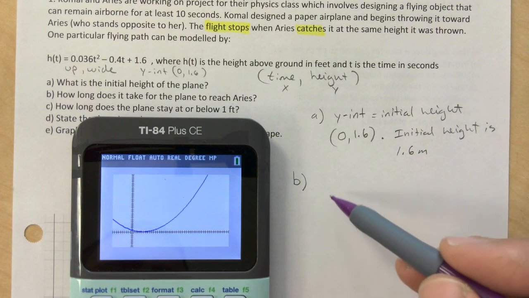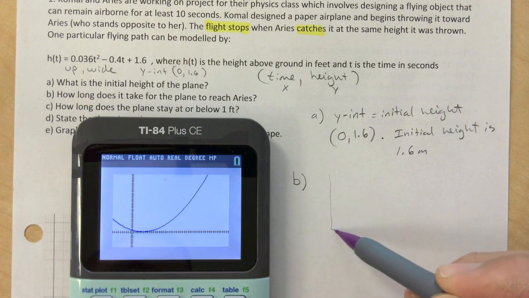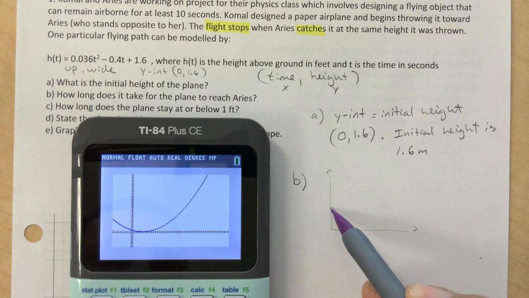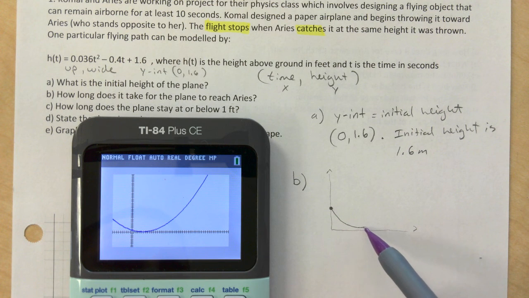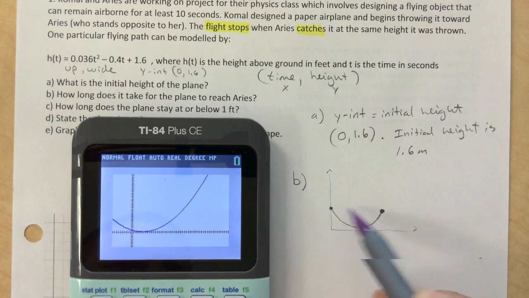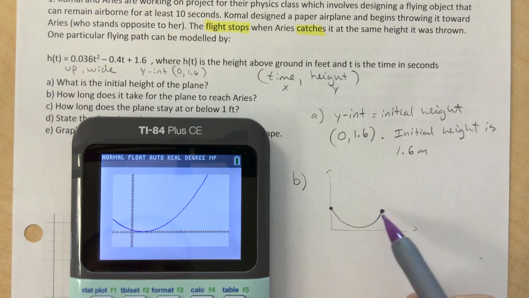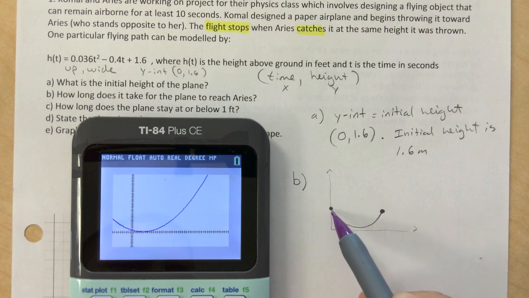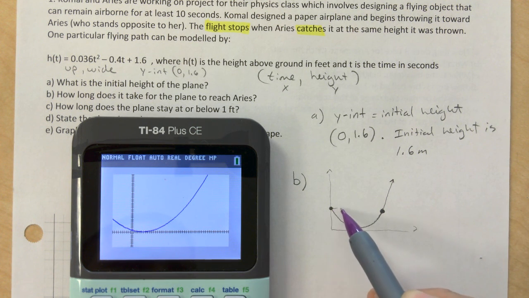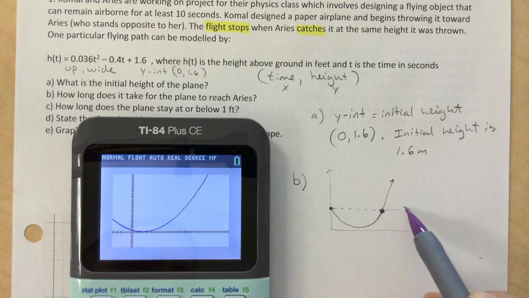So essentially, I will just make a sketch here. I will not make a graph without an appropriate scale. But essentially, Aries is here, throws the airplane, and it will be caught on the other end, right at this same point. So we need to figure out how much time has gone by from where it was launched to where it gets caught. Yes, the parabola keeps going, but this is really what we're after.